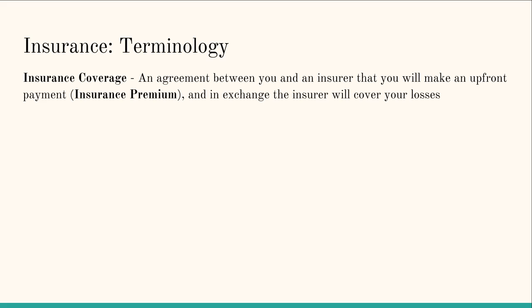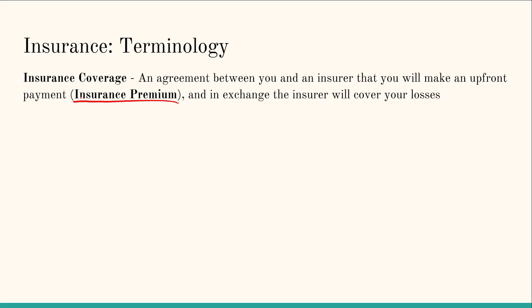The first term is just, what is insurance coverage? Insurance coverage is basically an agreement between you, the insured, and an insurer that, in exchange for you making an upfront payment, which is called the insurance premium, this is a term that is going to be used in all the different types of insurance that we're going to talk about. So you pay upfront what's known as an insurance premium.